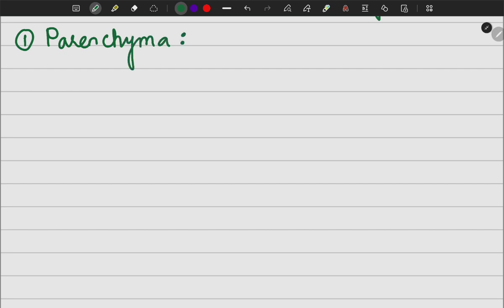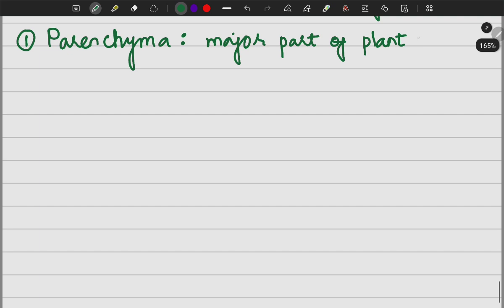What is parenchyma? Parenchyma cells, or parenchymatous tissue, form the major part of plant organs.